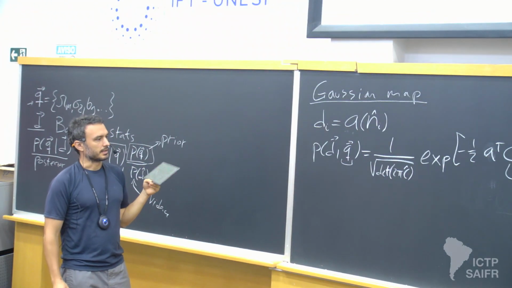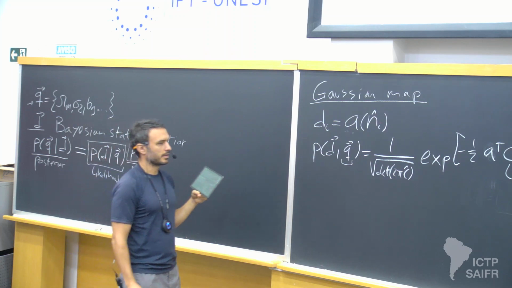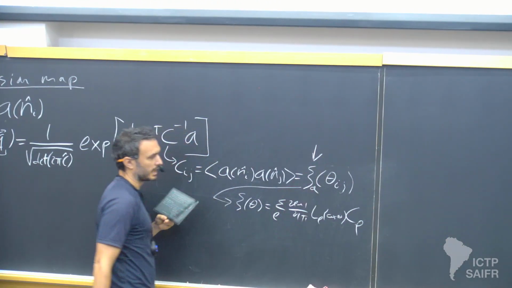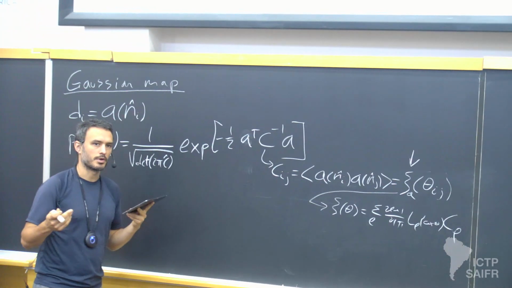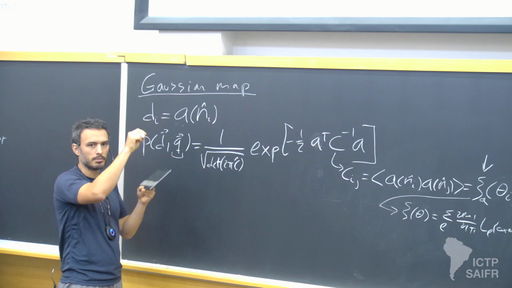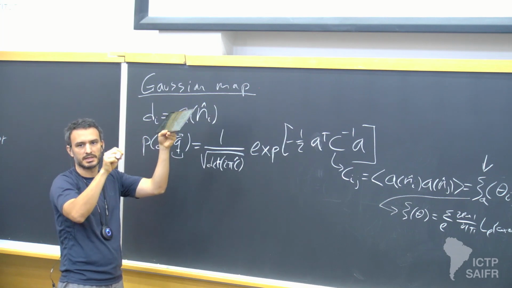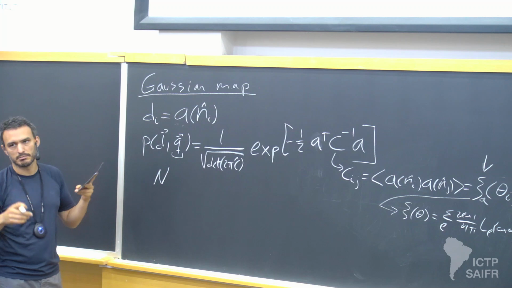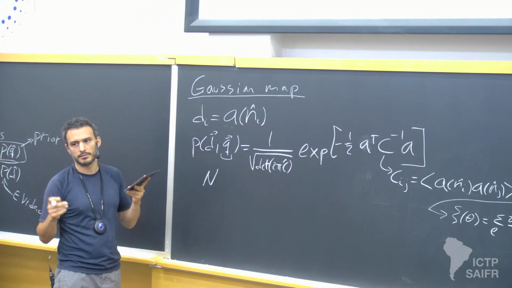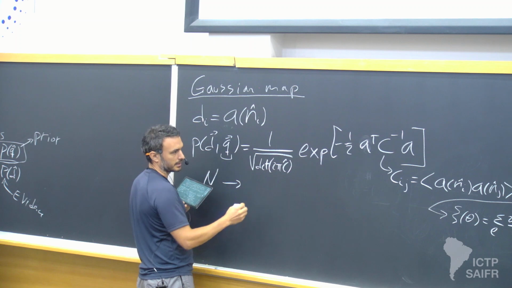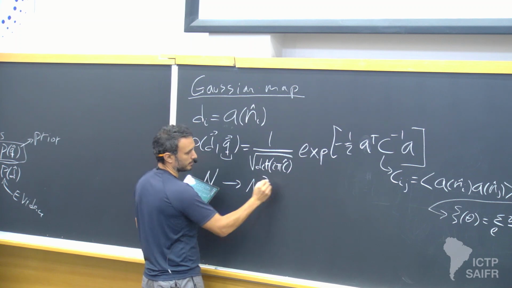But this is problematic, right? It is problematic mostly because we need to calculate this thing. And calculating the correlation function itself is not a problem. What's a problem is having to compute the correlation function for all pairs of separations between pixels, right? So if we have n pixels, and this can be many hundreds of thousands of pixels, then calculating that correlation function is an n squared problem.